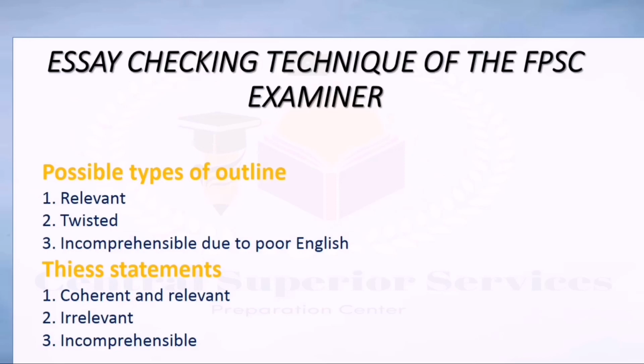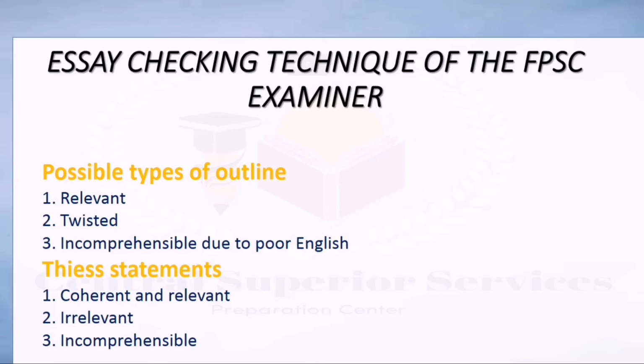For the second type of thesis statement, if the outline is irrelevant too, he gives a read to their introductory and conclusion paragraphs and just a fleeting glance to the material they have written in the body. If they used correct English, the examiner awards them marks just for doing that.